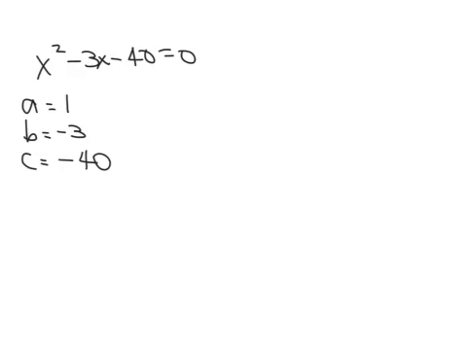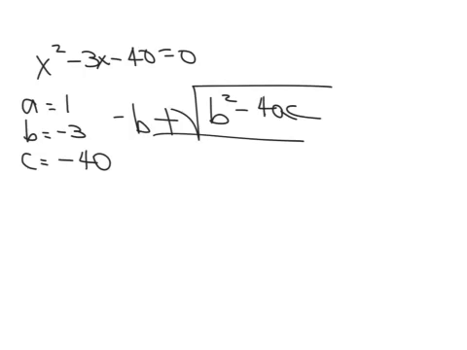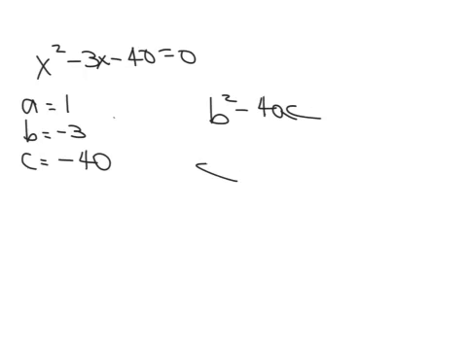Okay, not too bad. Now we're going to look at our discriminant, which is B squared minus 4AC. The part of the equation that's underneath the radical sign when we do the quadratic formula. Okay? So all we care about is what is under the radical sign. So let's plug the numbers in there that we've got.